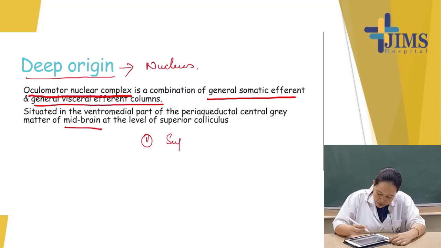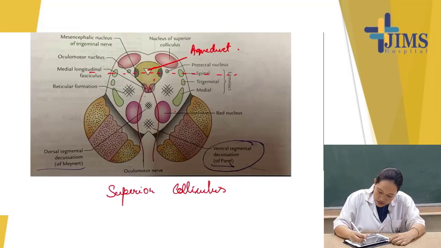Here we have the aqueduct. This is the grey matter and this is the white matter. If we divide this part, this is known as the tectum, this is the tegmentum, and here you have the substantia nigra, and this is known as the crus cerebri.